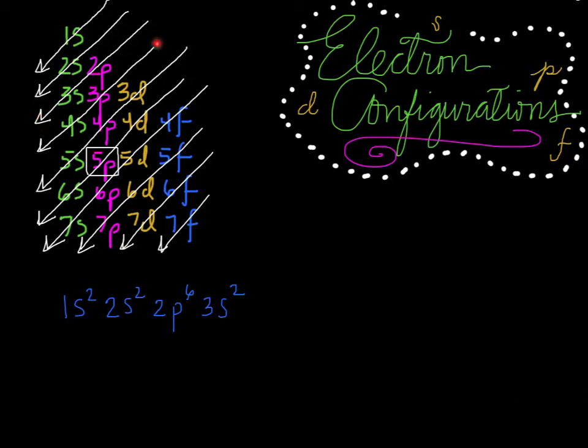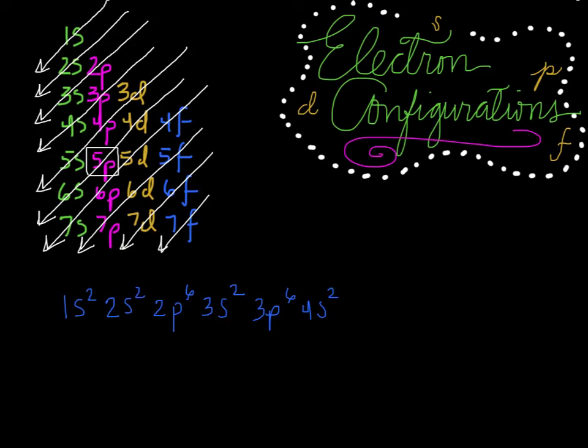Immediately I know that I have to do 3p, 4s. Those are very easy to figure out. They go in order. 3p with 6. 4s with another 2. And this is where the tricky part starts, that 3d actually comes in, and then 4p and 5s get filled in.